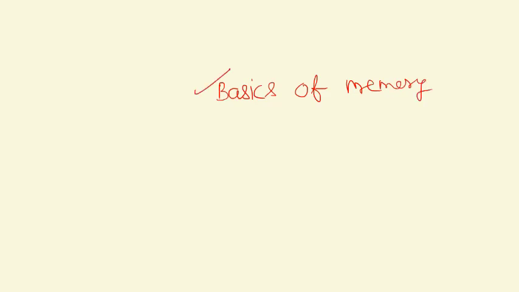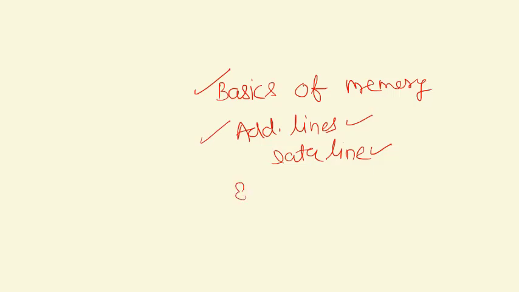Then we discussed the address lines and data lines, how we can identify how many address lines, data lines and OR gates there are, and what is meant by an 8 cross 4 memory or a 16 cross 2 memory, or the meaning of 1 kV, 8 kV.